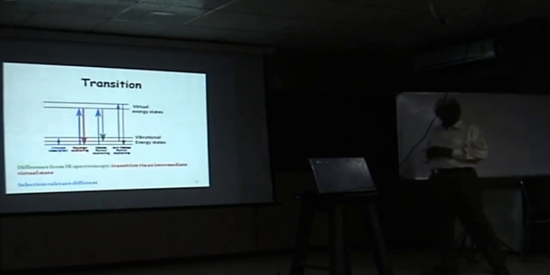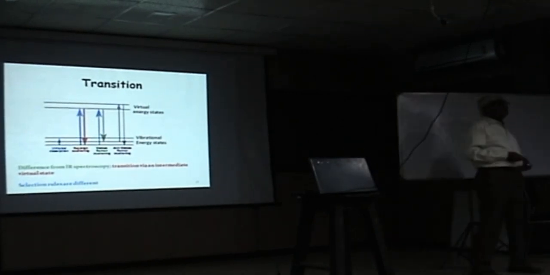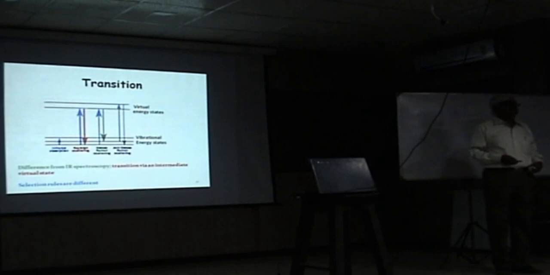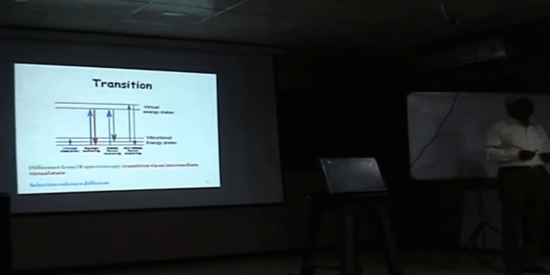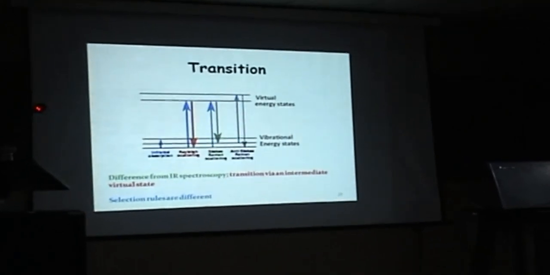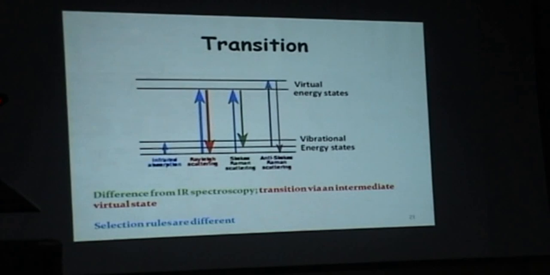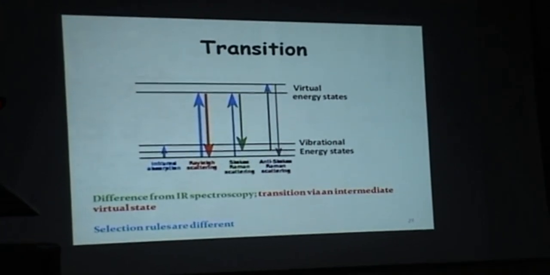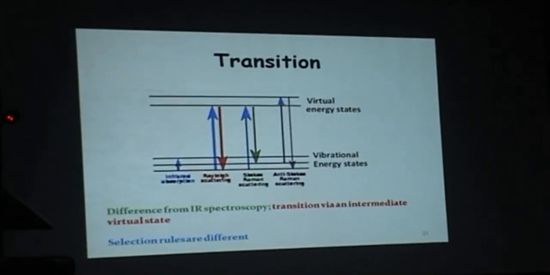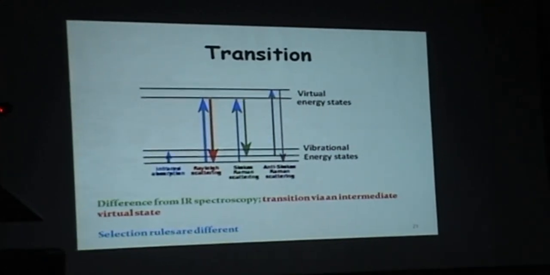So it is like going from Howrah to Bandel via Bardhaman. Instead of going from Howrah to Bandel directly, one goes from Howrah to Bardhaman via the chord line, and then from Bardhaman to Bandel. This is via some intermediate state.